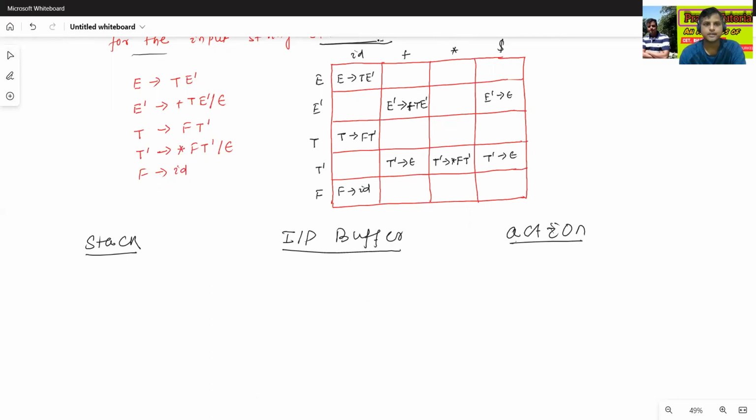Here the initial stack contains dollar, then E. Sorry, here E is the starting symbol.